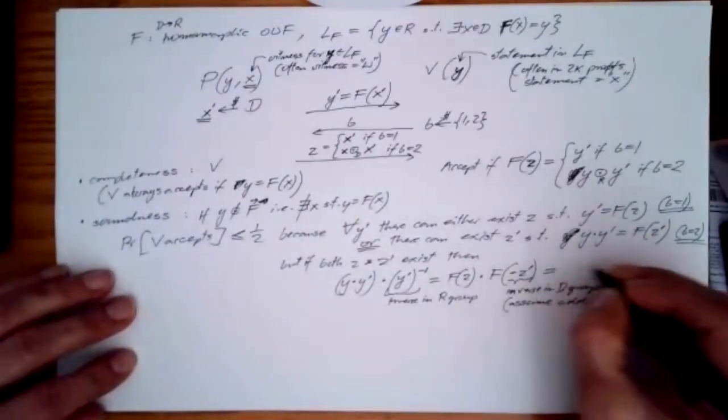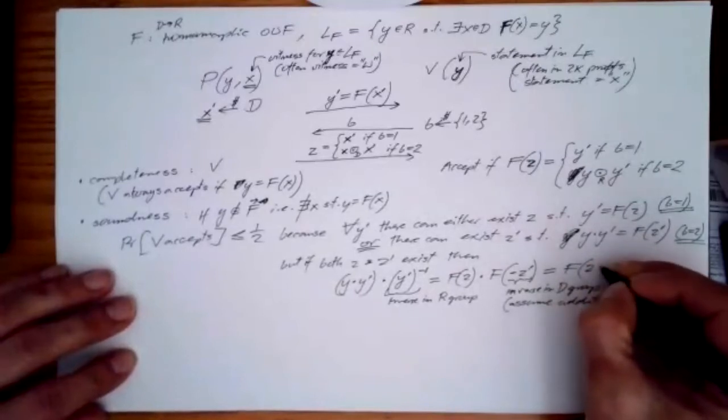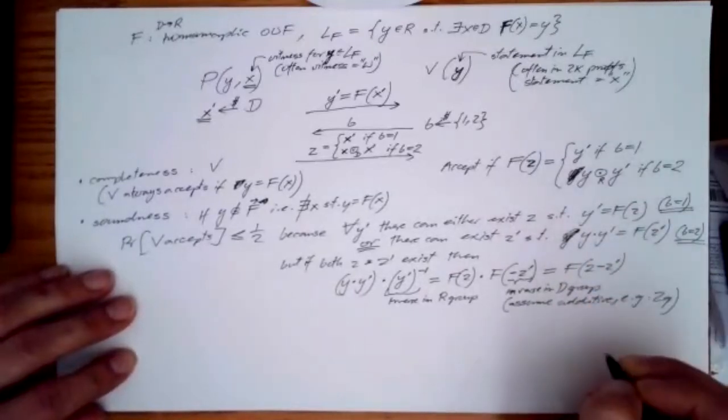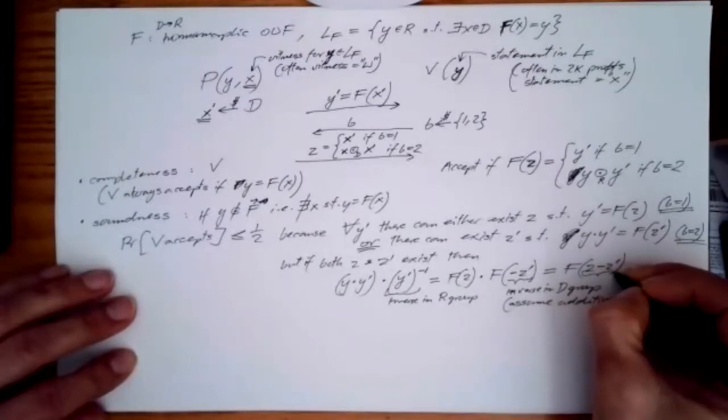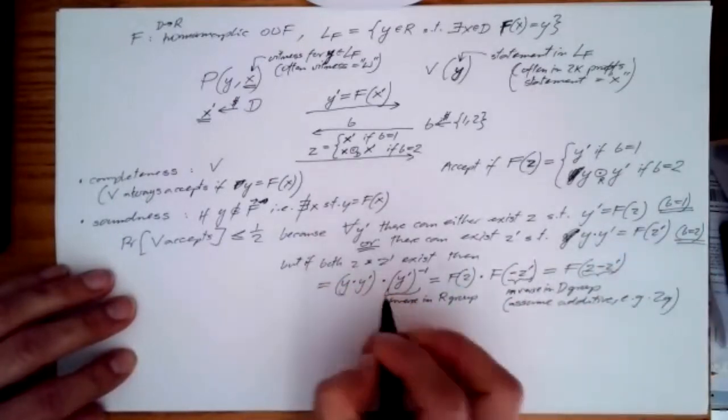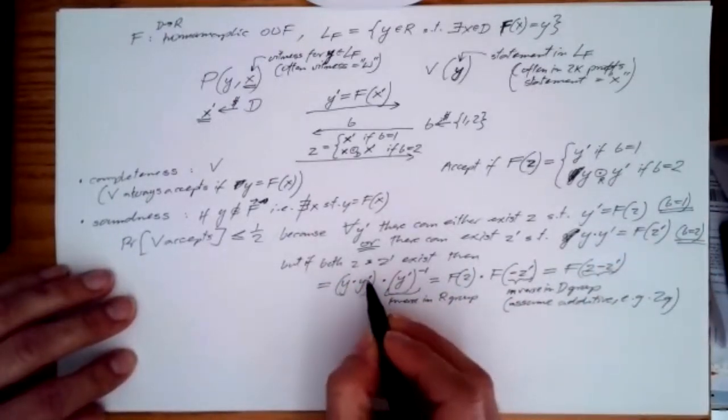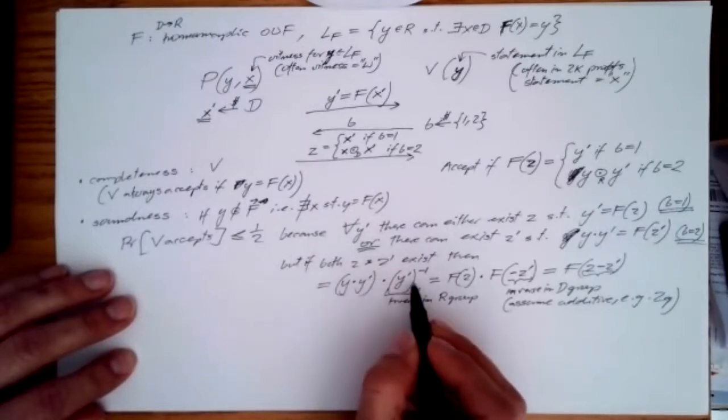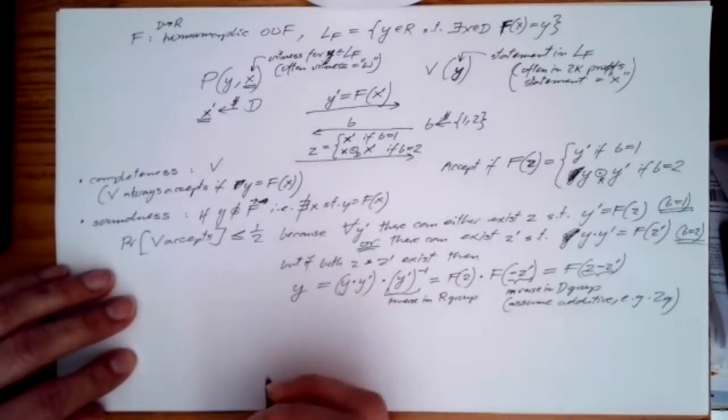So by additive homomorphism, this is the same as f of z minus z prime. And why did I do this? So that to cancel in the target group the y prime, this is y, right?